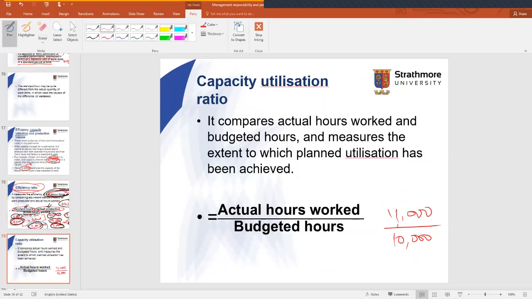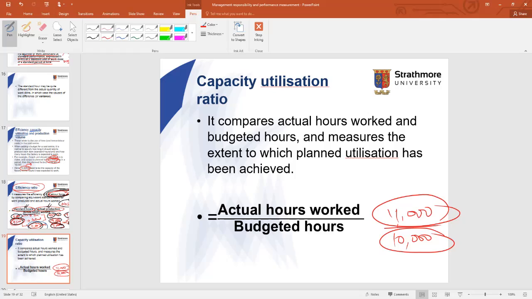It means, therefore, the hours that we had budgeted for, that we knew we had per se, was 10,000 hours. But how many hours did we actually use? It was 11,000 hours. Good or bad? It's something good, because you, in quote, went overboard, beyond even your capacity. As a student, you're meant to score 60%. That's the capacity of the student.